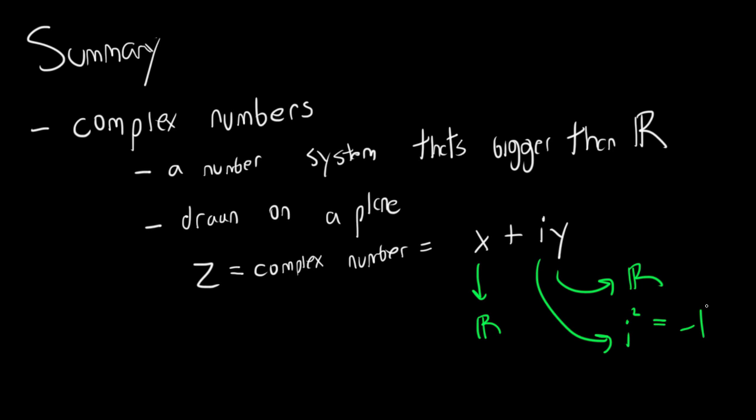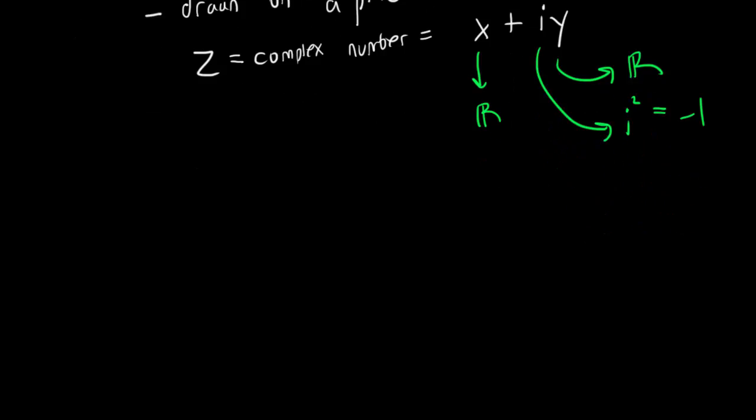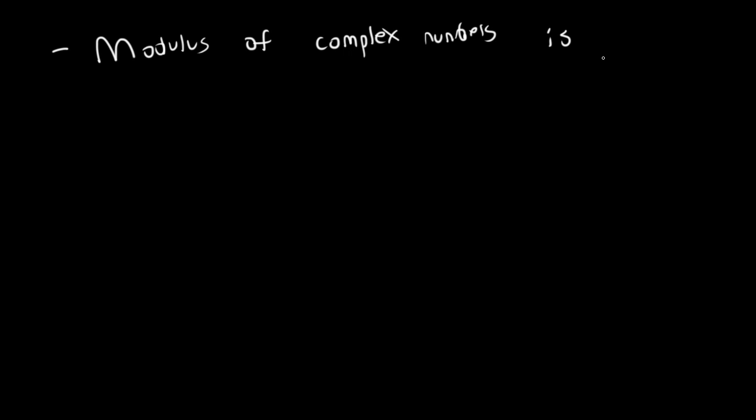You're going to encounter that when you're dealing with multiplication and not with addition, obviously, because you're only going to have I's and no I squareds to begin with. We were introduced to the modulus. I might not have called it that, but we were introduced to the modulus. So the modulus of complex numbers is Z with these little bars around it, right?